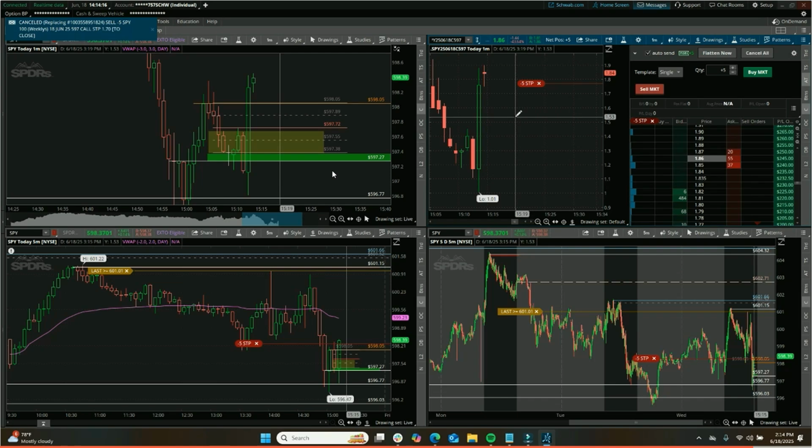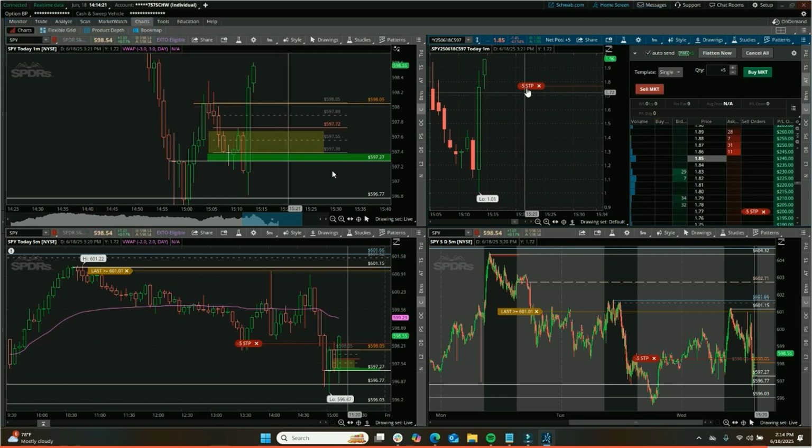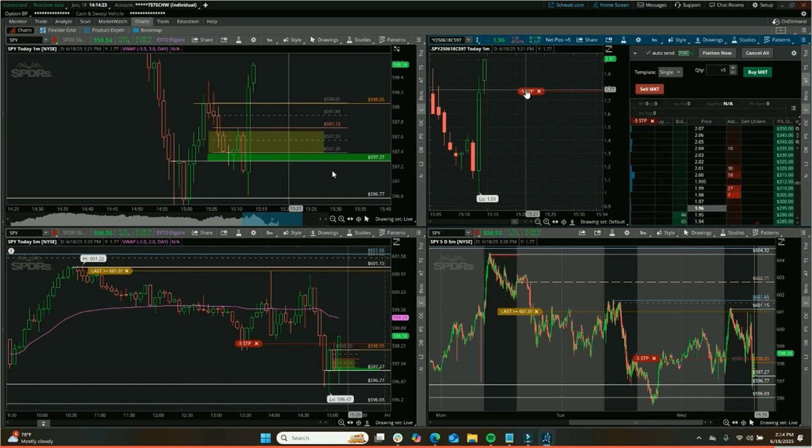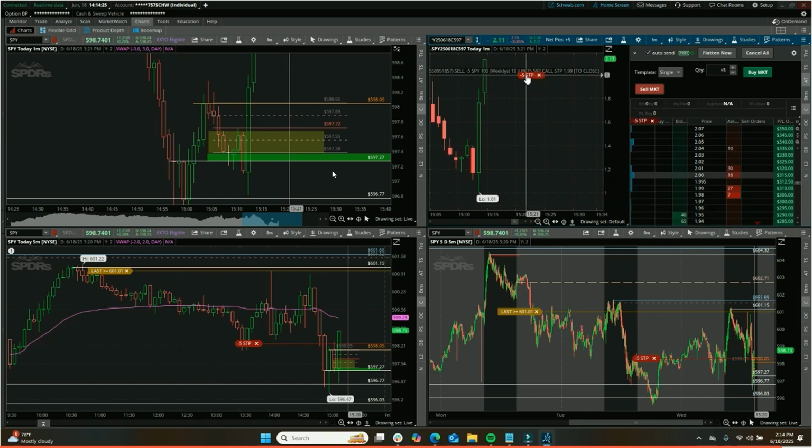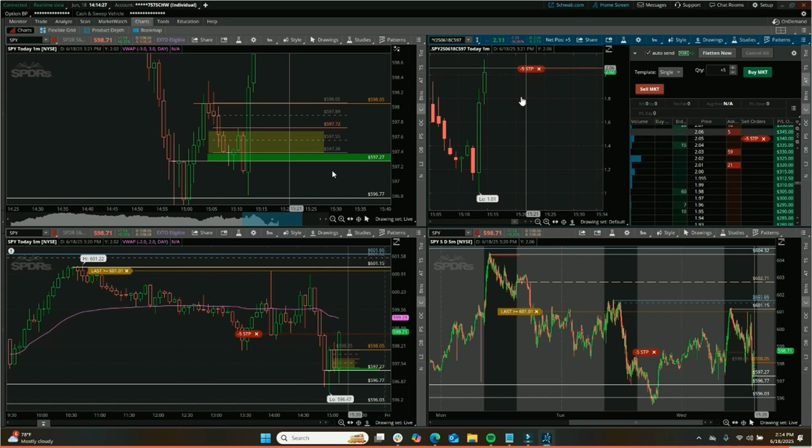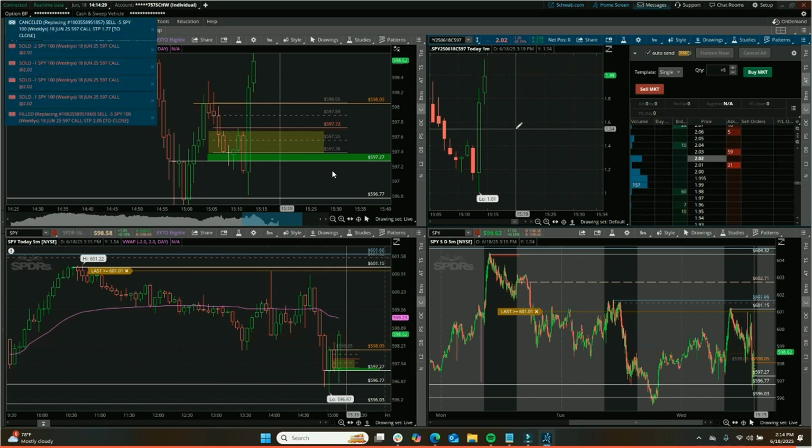So it got pushed back. So I pushed the stop up more, and it keeps going more. So I push the stop up even more. Let it go, and there it goes.